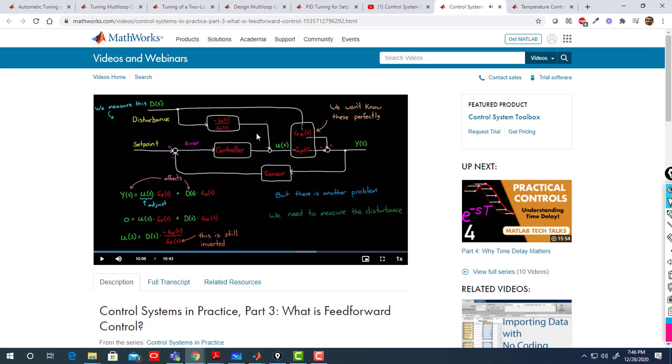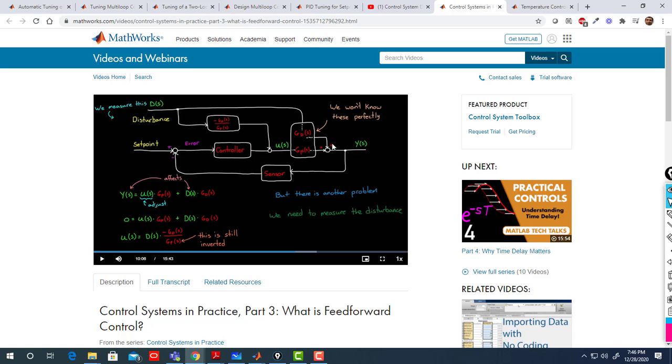Now in the presence of disturbance, remember the superposition theorem: y is equal to u times the transfer function Gp plus the disturbance d times the transfer function Gd. We know how to find Gp and Gd. You have two inputs on the plant, the disturbance and the control input.